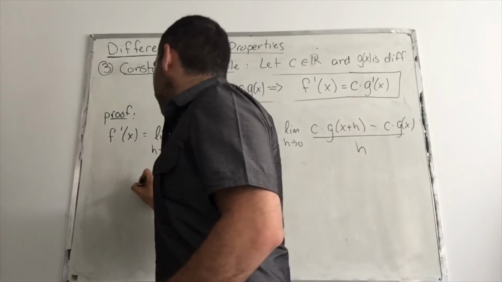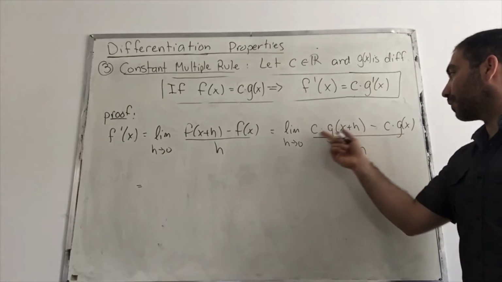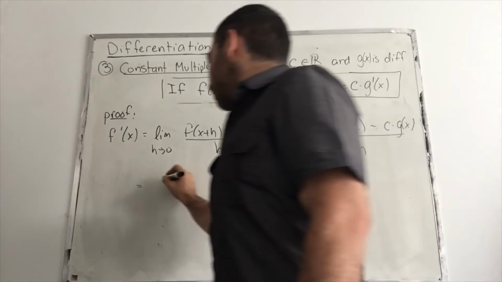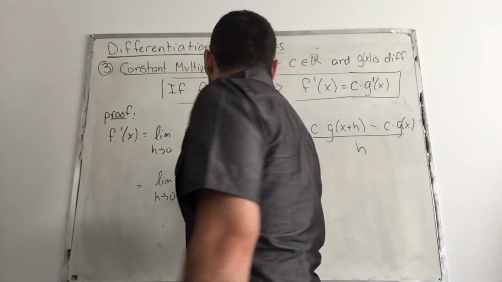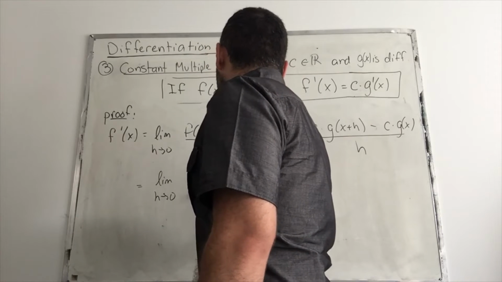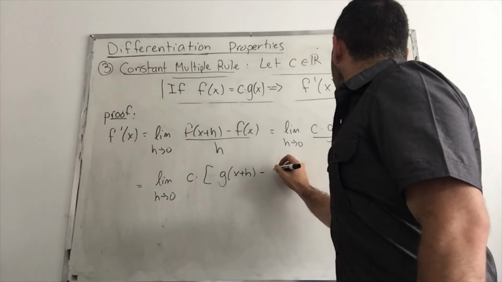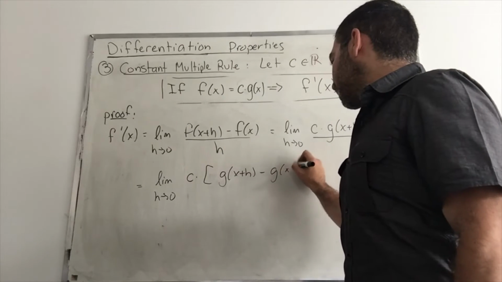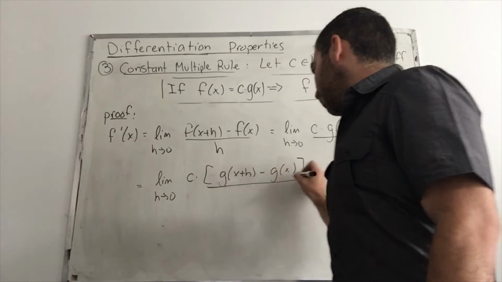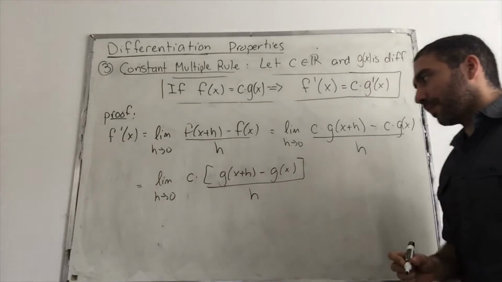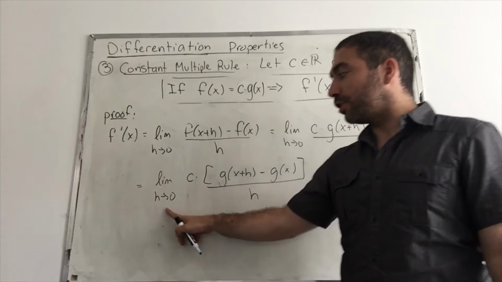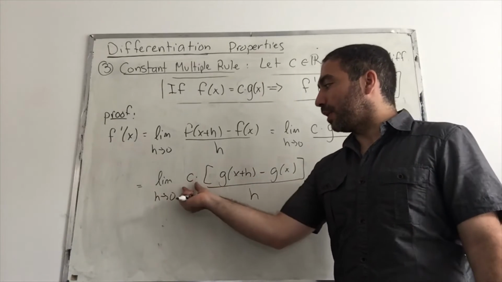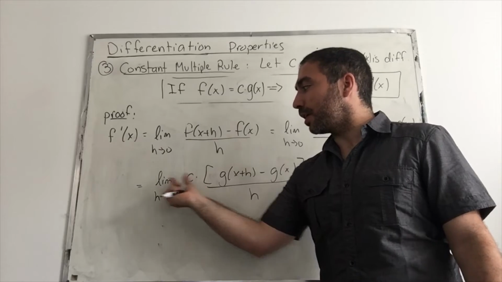So now the numerator has a c, so we can factor out the c, giving us the limit as h goes to 0 of c times g of x plus h minus g of x, all over h. And then lastly, since the limit only concerns h, the c is not affected by it, so we can take the constant and remove it from the limit.